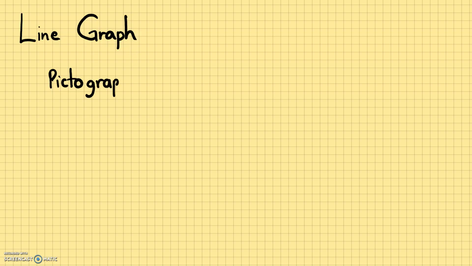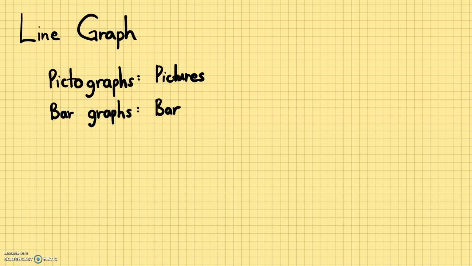Today we are going to learn another kind of graph, and this is called a line graph. So we've worked with pictographs, which use pictures to represent data, and bar graphs, which use bars to represent data.